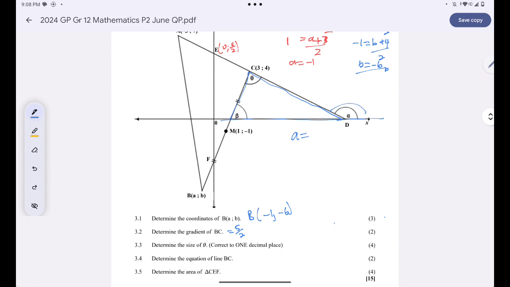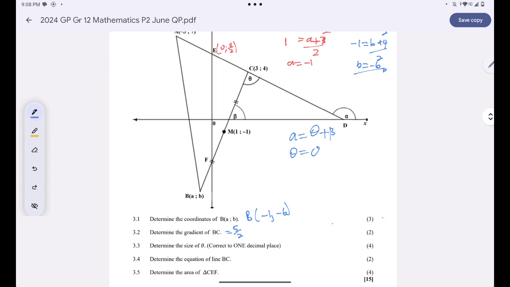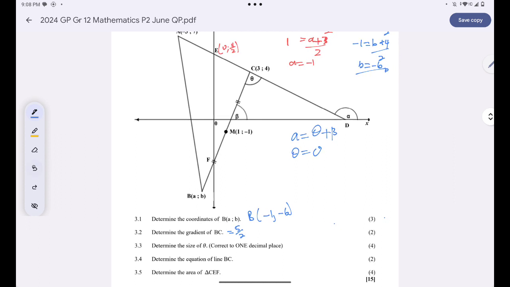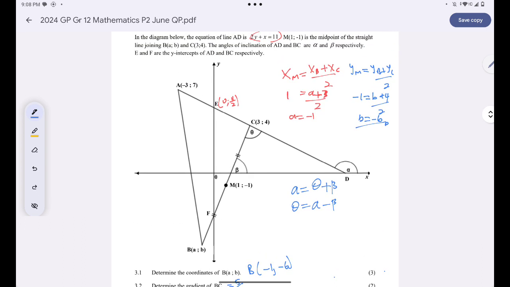So alpha will be equal to theta plus beta because this is an exterior angle, right? Therefore, angle theta will be equal to alpha minus beta. Are we together? Hence, I just said you just need to subtract the two inclinations.